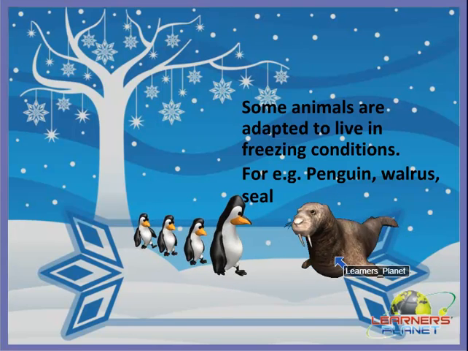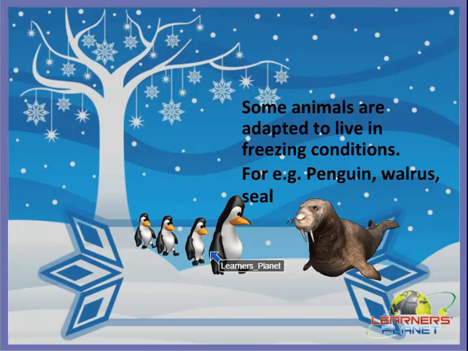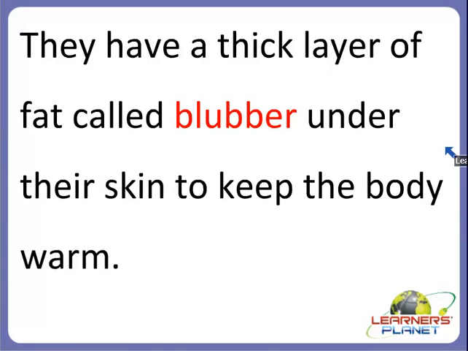So this is the picture of a walrus, and these are small little penguins. So children, we can say that they have a thick layer of fat. Who has a thick layer of fat? The animals that are adapted to live in the freezing conditions have a thick layer of fat called blubber under their skin to keep the body warm.